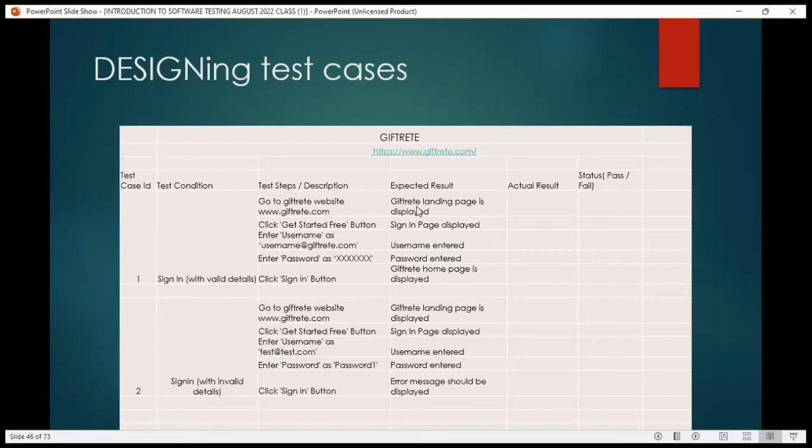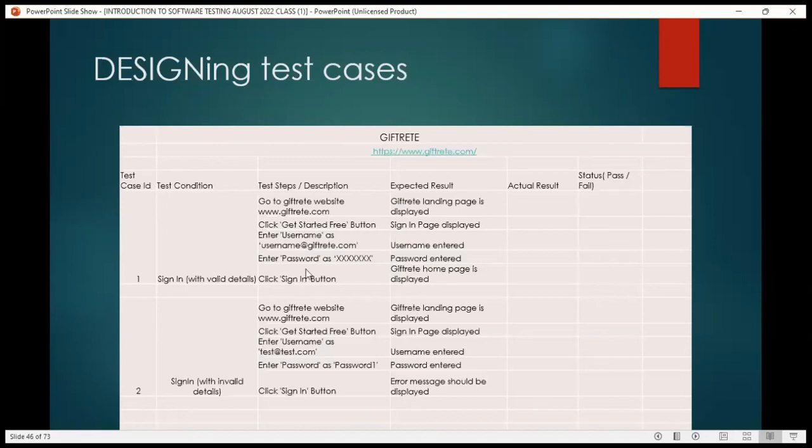My expected result is that the GiftTreat landing page is displayed. I get started and the sign-in page is displayed. I enter my username as username at gifttreat.com. Username entered.